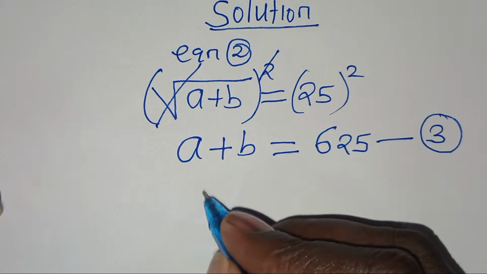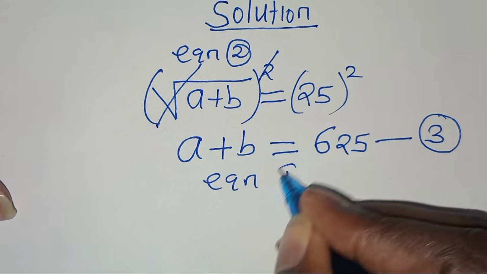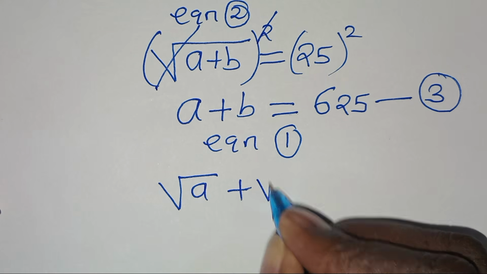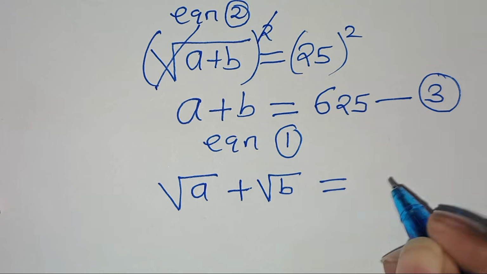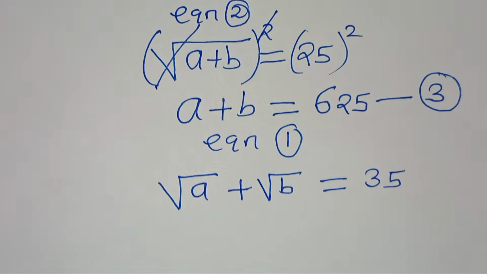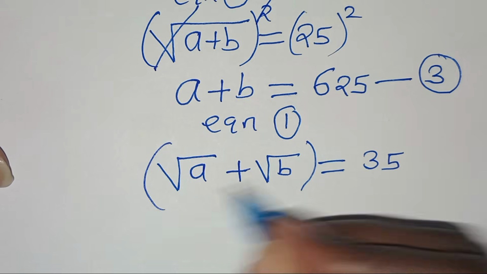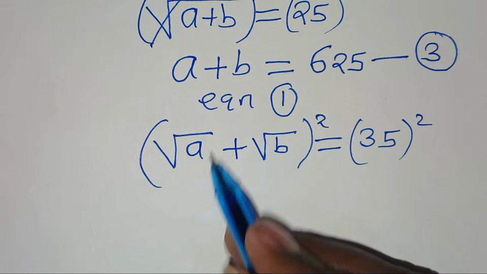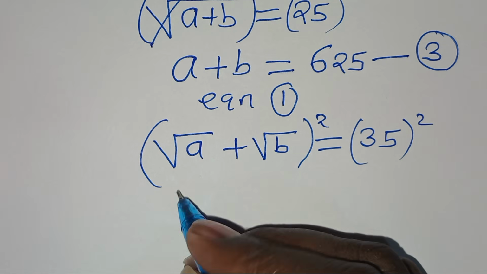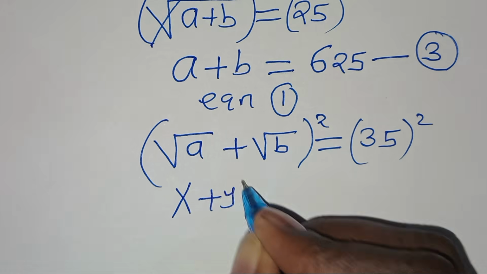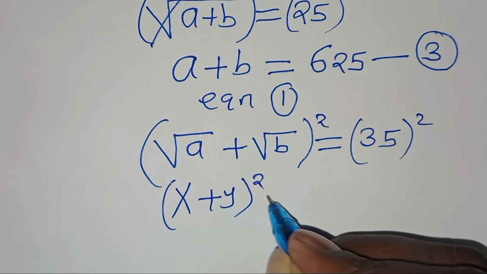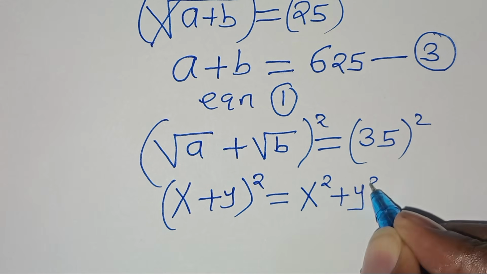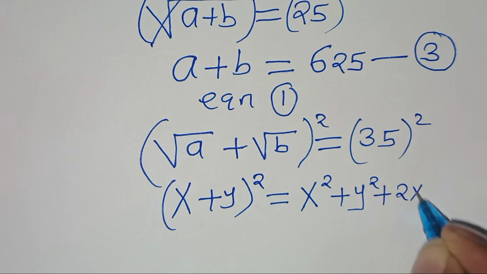Now, from equation 1, which is the square root of a plus the square root of b, this is equal to 35. So the first step here is to square both sides, so that now the square root of a plus the square root of b to the power of 2, this is in the form of x plus y raised to the power of 2, which we can express as x to the power of 2 plus y to the power of 2, then plus 2xy.